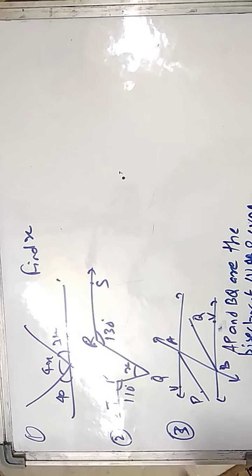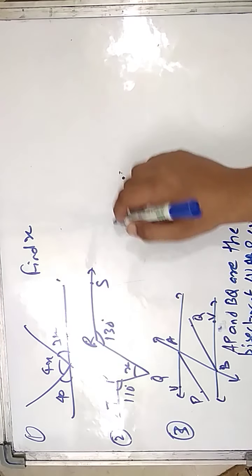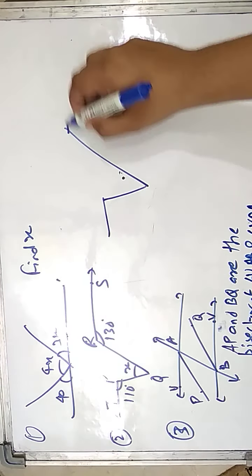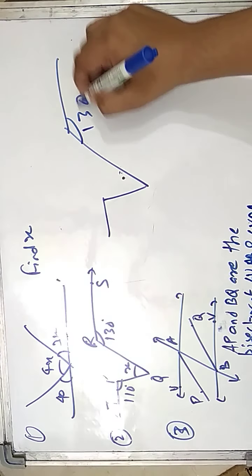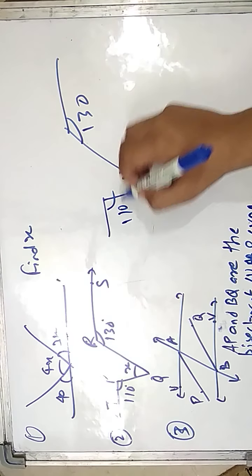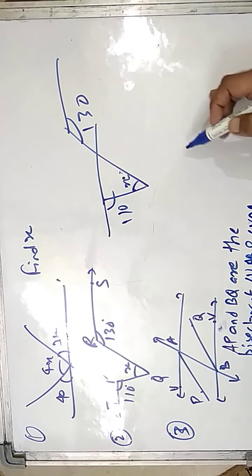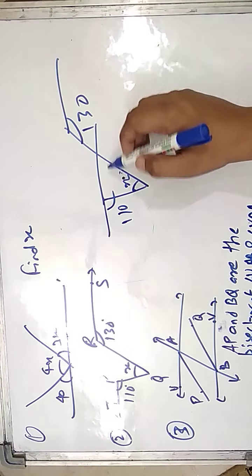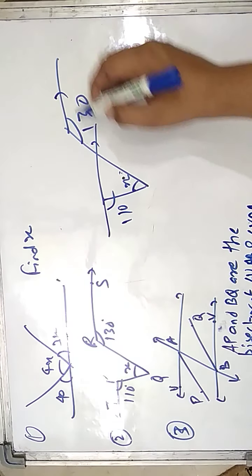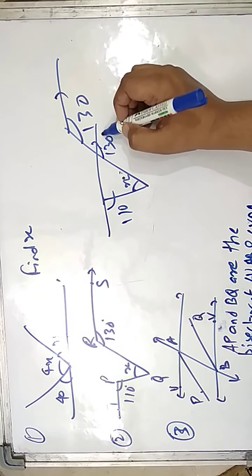In the next problem, the figure is given there. It is a very simple problem. It is 130 and it is 110. It is x. Okay, so this line I extended, and this line is parallel to this one. It is 130, it is also 130.